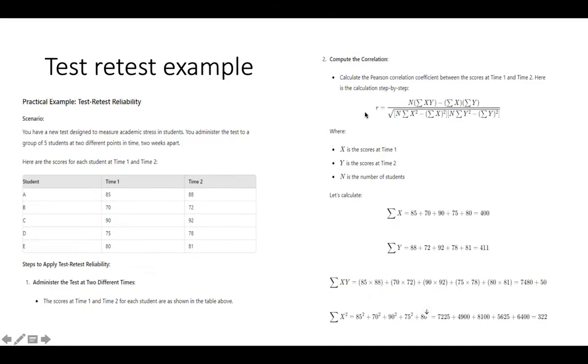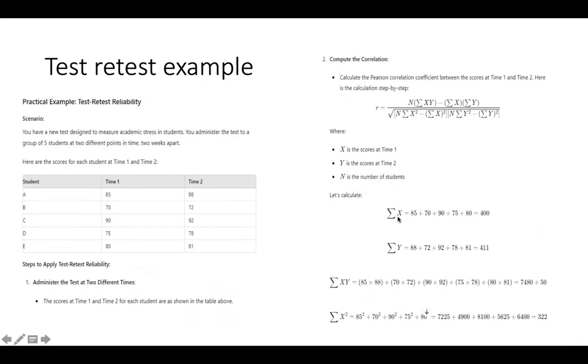You know the correlation formula: r equals n summation xy minus summation x times summation y, divided by the square root of n summation x squared minus (summation x) squared, times n summation y squared minus (summation y) squared. Here x is the score at time 1, y is the score at time 2, and n is the number of students.